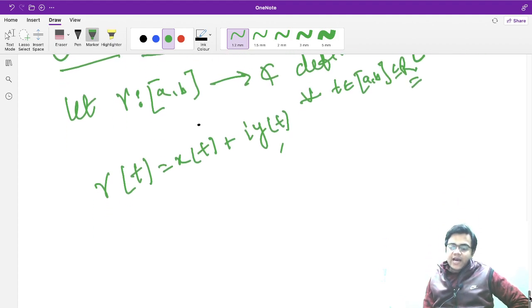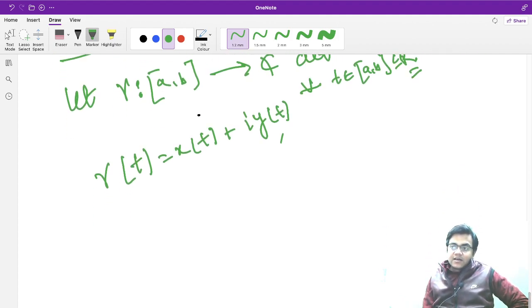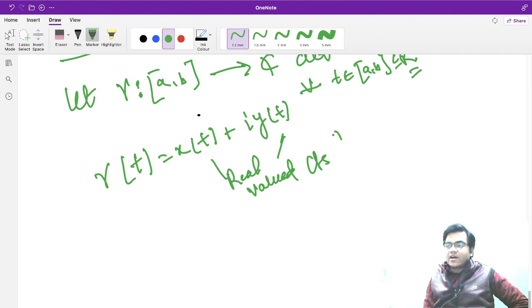But before coming to how it works, let's discuss the types of curves, where x of t and y of t are real valued continuous functions on a to b.